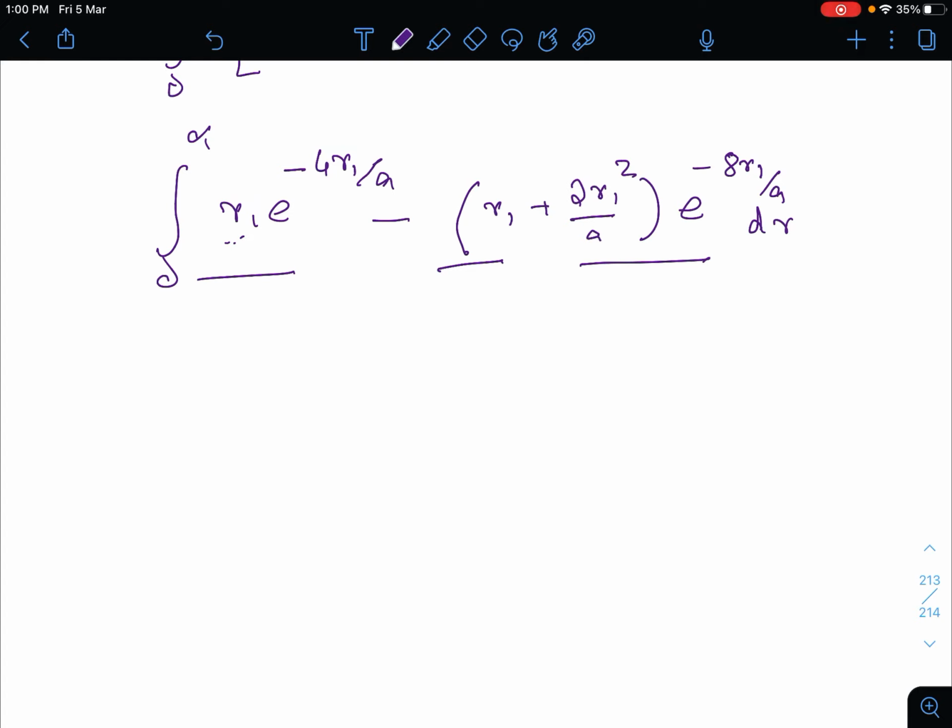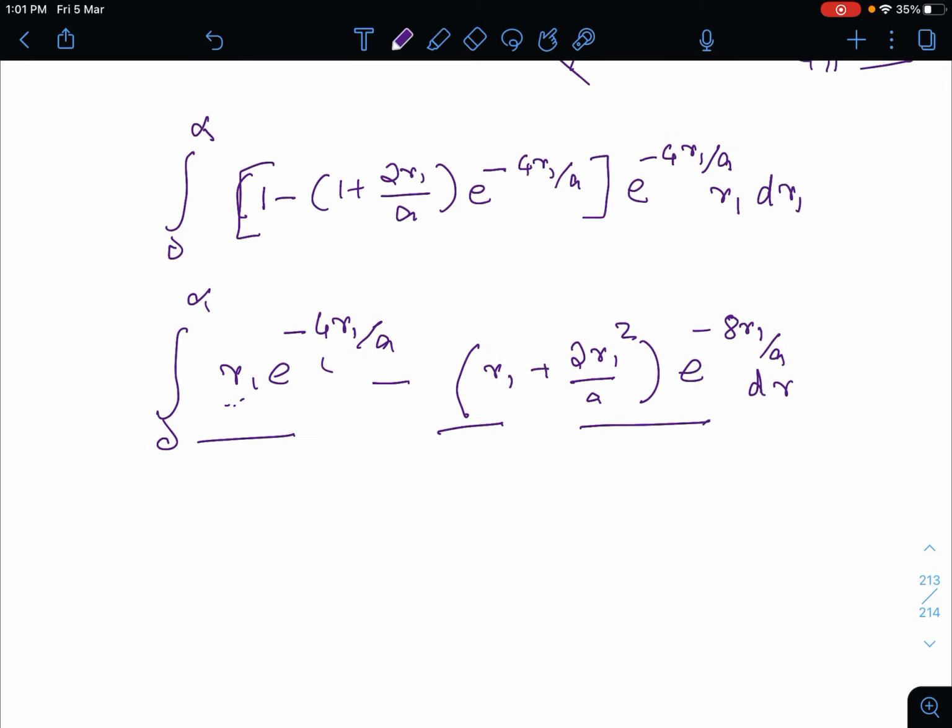So only the next integral gives terms, because then in that case it becomes 1. The upper limit every time becomes 0. So this can be very simply done.